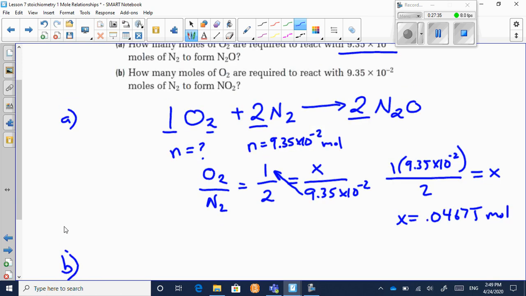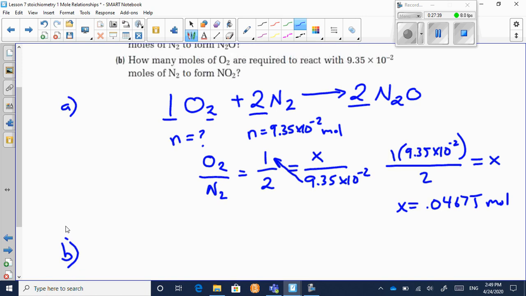It says how many moles of O2 are required to react with this 9.35 times 10 to the negative 2 moles of N2 to form NO2. Well, this time we've still got the O2, and we've got the N2, but this time we're making nitrogen dioxide, so now we've got to balance it.